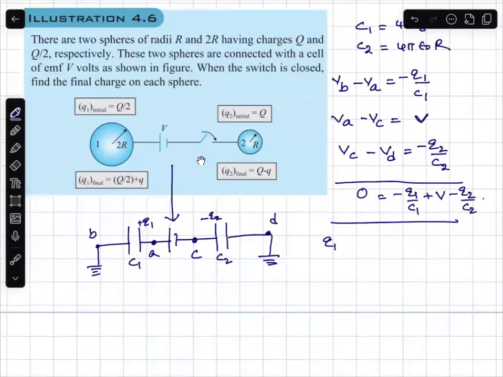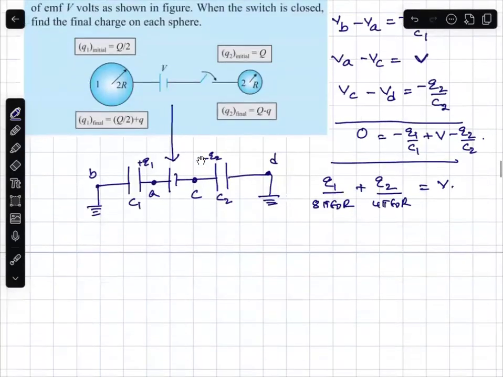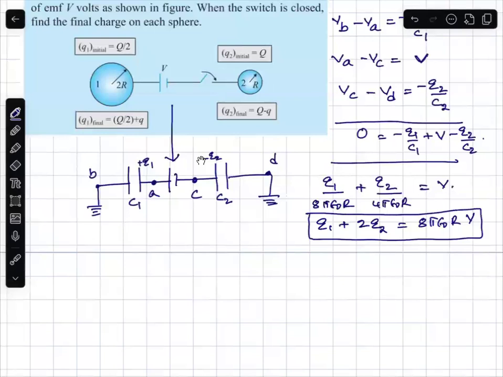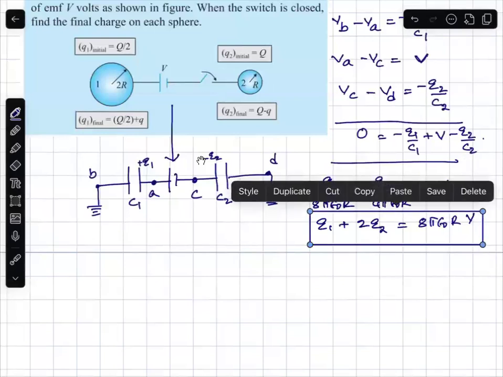So therefore, Q1 by 8 pi epsilon naught R plus Q2 by 4 pi epsilon naught R is V. So therefore, Q1 plus 2Q2 is 8 pi epsilon naught R V. Remember, that is the equation.